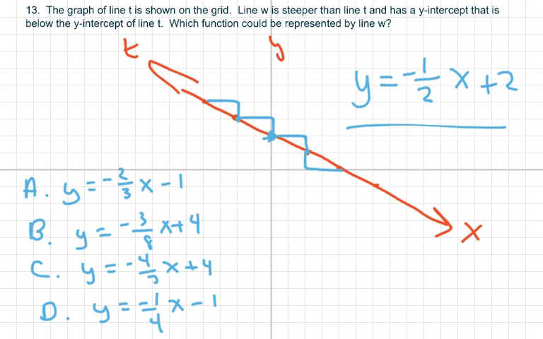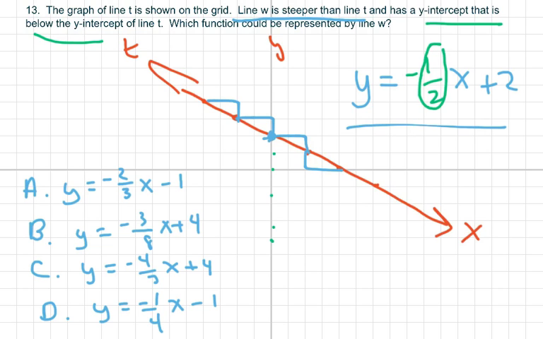Now it says we need to look at line W is steeper. That means that we don't care about the negative so much. What's steeper? It's negative 1/2. What is bigger than 1/2? And it also says the y-intercept is below this. So the y-intercept would be one of these points.